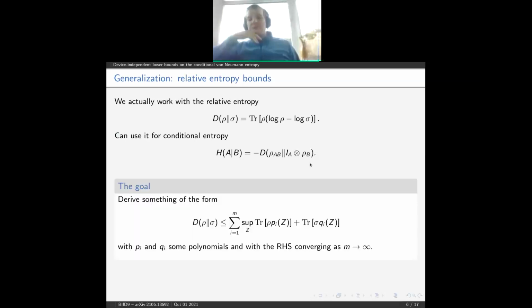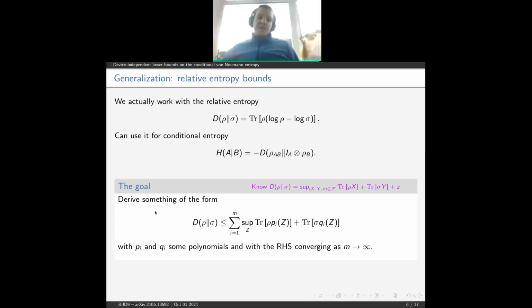Okay, and then the goal of the work was to derive something of the following form: we want to derive upper bounds on the relative entropy in terms of some polynomial optimization, where we have something like trace of rho times a polynomial of some operators plus trace of sigma times potentially some different polynomial of some operators. And we also wanted to show that this right-hand side converges to the relative entropy as m tends to infinity.